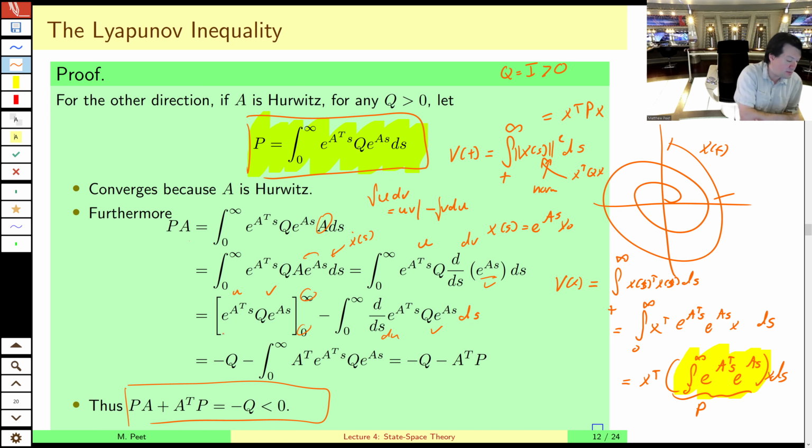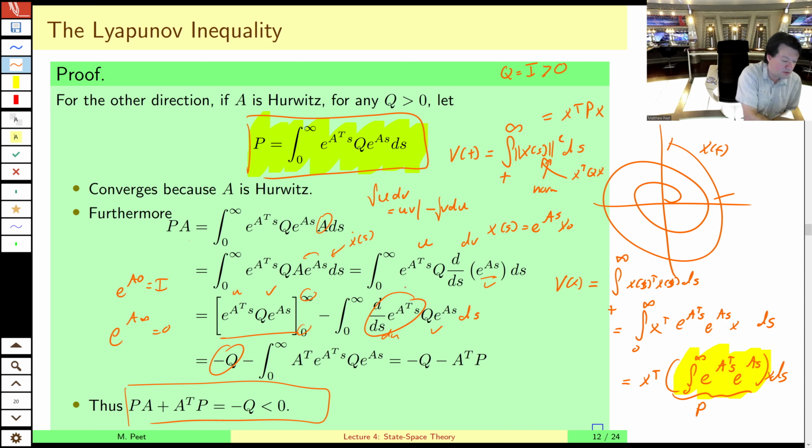So now we examine this boundary term. That's at infinity minus at 0. Well, at infinity, this term goes to 0. E to the A infinity equals 0. And so that term disappears. Minus at 0, well, e to the A 0, that's just identity. And so we get this term here. And then minus this term over here.